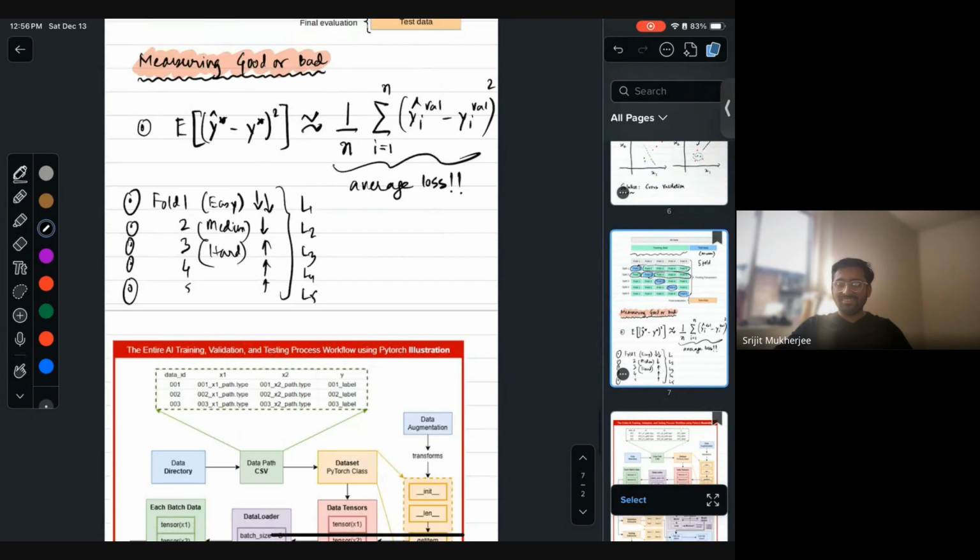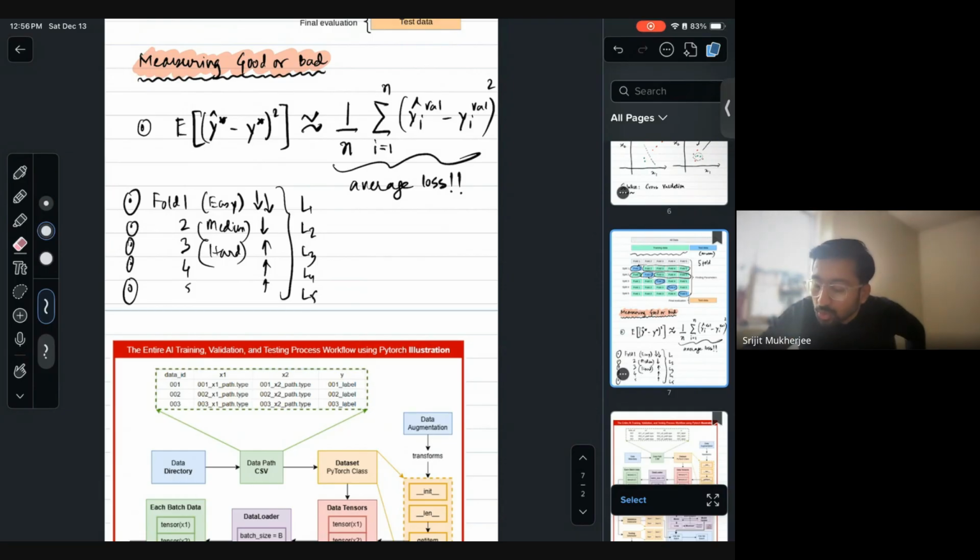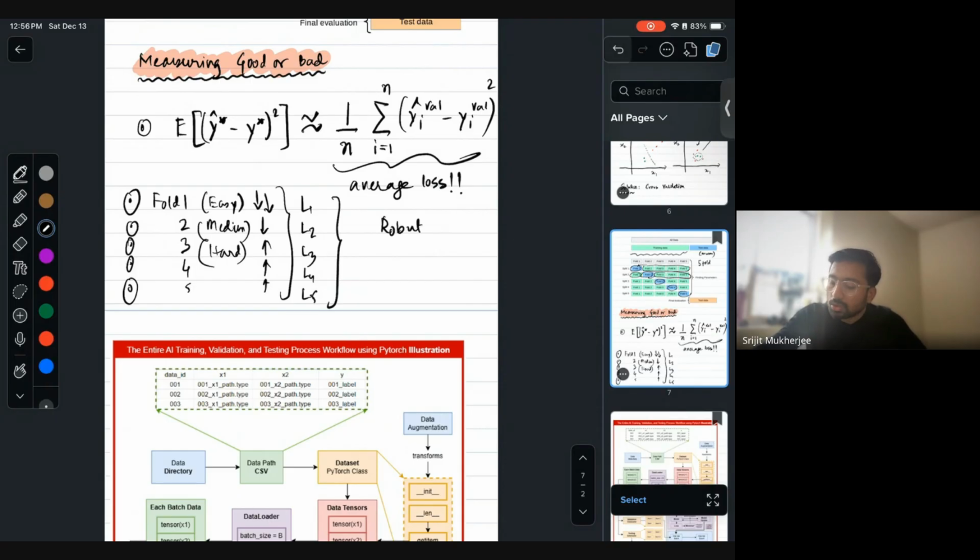But interestingly, there is robustness, how robust it is, because robustness is a definition of your performance over different data points. So the robustness definition can be the variance of (y hat minus y star) whole square, the variance of that.